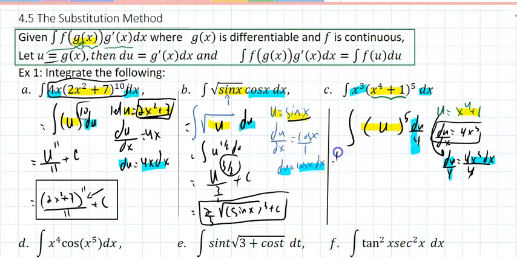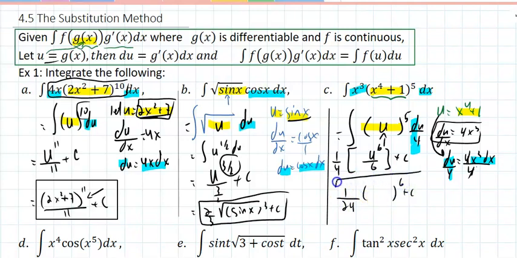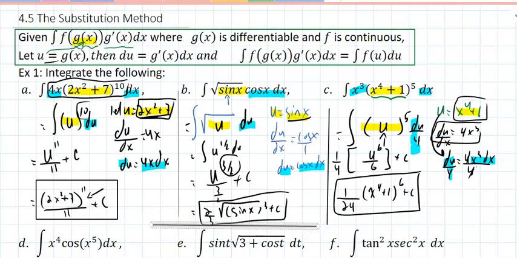And the 1/4 I could always drag up front, whether I'm taking a derivative or integrating. Now, the integral of u to the 5, add 1 to the 5, u to the 6 over 6 plus c. So I could say this is 1 over 24 times u to the 6 plus c, and u was x to the 4th plus 1. And there it is.